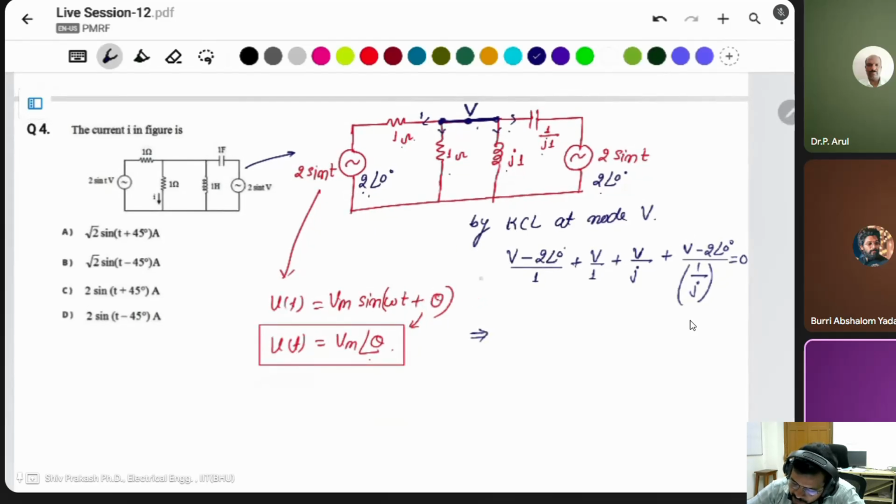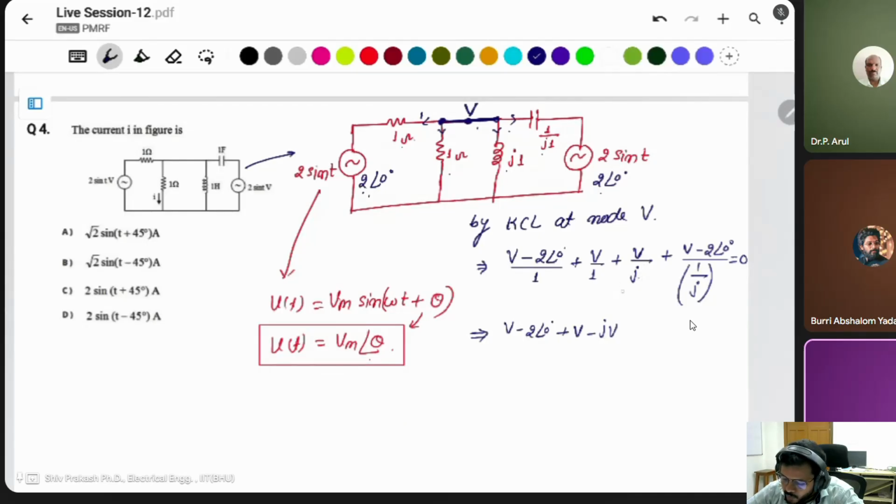We can simplify this one. This will be V minus 2 at angle 0 plus V, and we can write this one with Vj or jV. If you multiply by j on the upper side, the denominator is j square. j square is equal to minus 1.